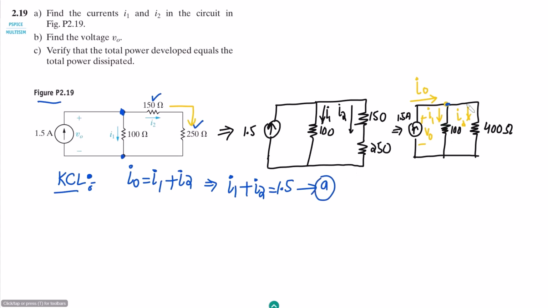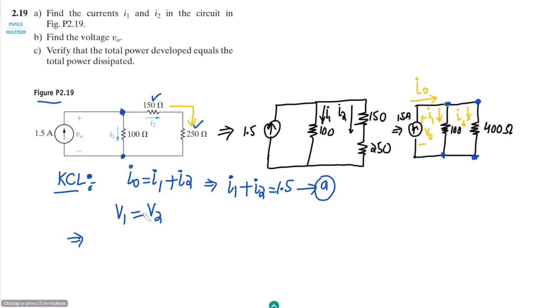Similarly, these two branches are in parallel with each other, so the voltages across these two branches will remain the same. If the voltage across one is V1 and the other is V2, then V1 is equal to V2.